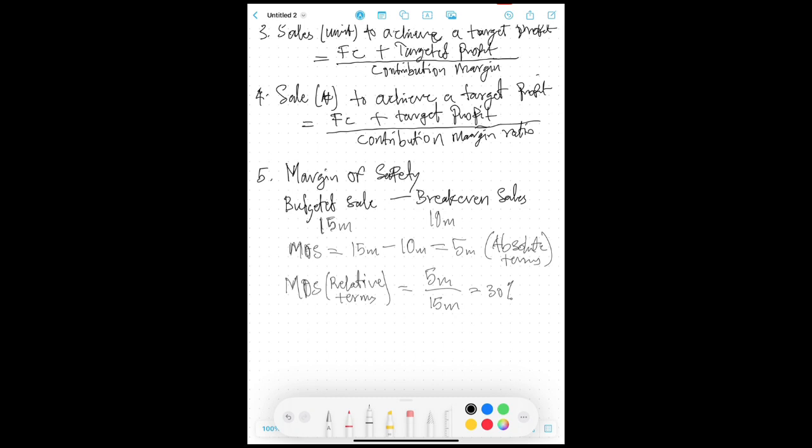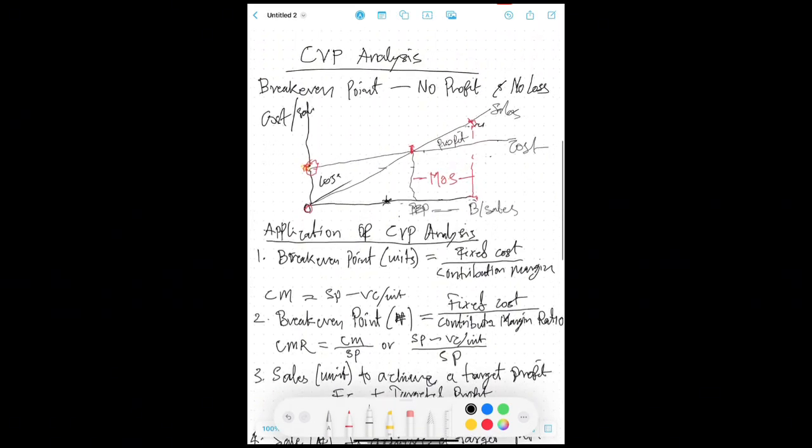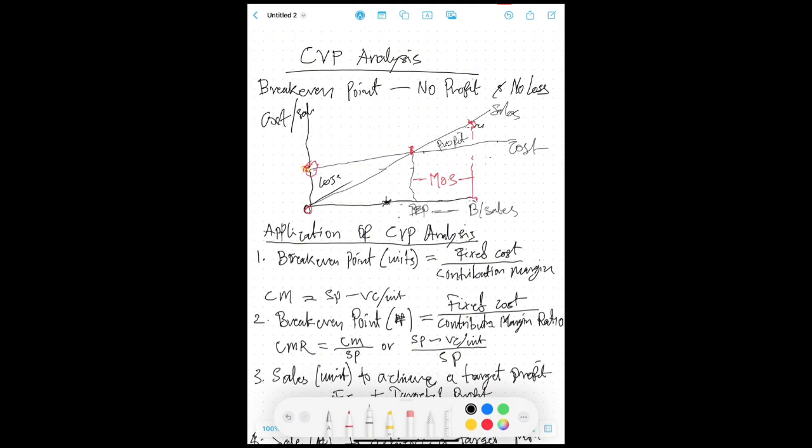Using the diagram, from this budgeted sales level, within here and here, remember we said it is 5 million. If sales fall by more than 5 million, we will fall into this area where we'll start making a loss.